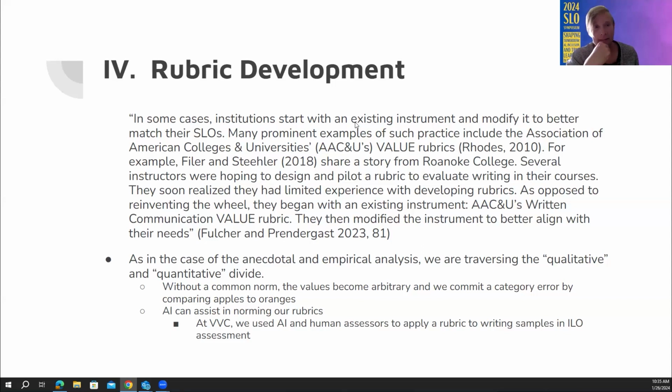So to make this rubric development slide come alive, there was a really interesting historical moment at VVC, in which Daniel and another colleague in our student learning outcomes committee in 2021 conducted an institutional learning outcome assessment through writing. That was our written communication ILO, which is probably common across many community colleges.